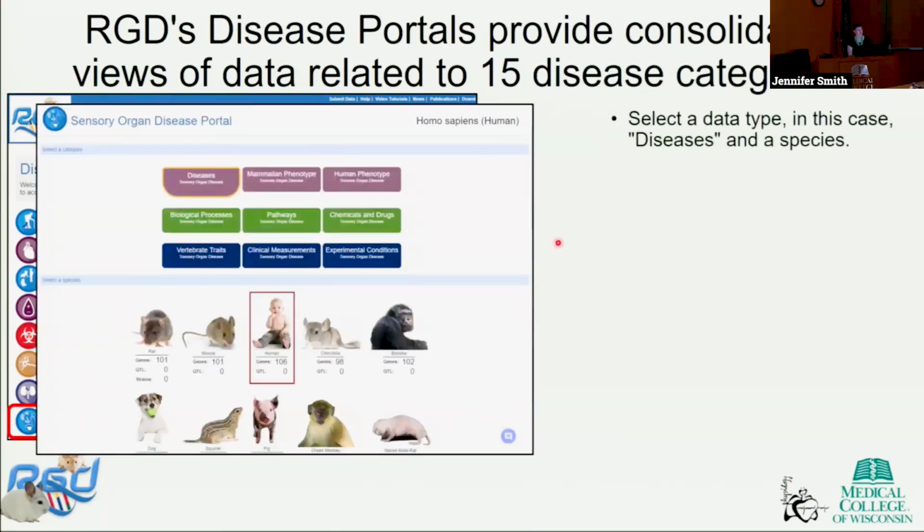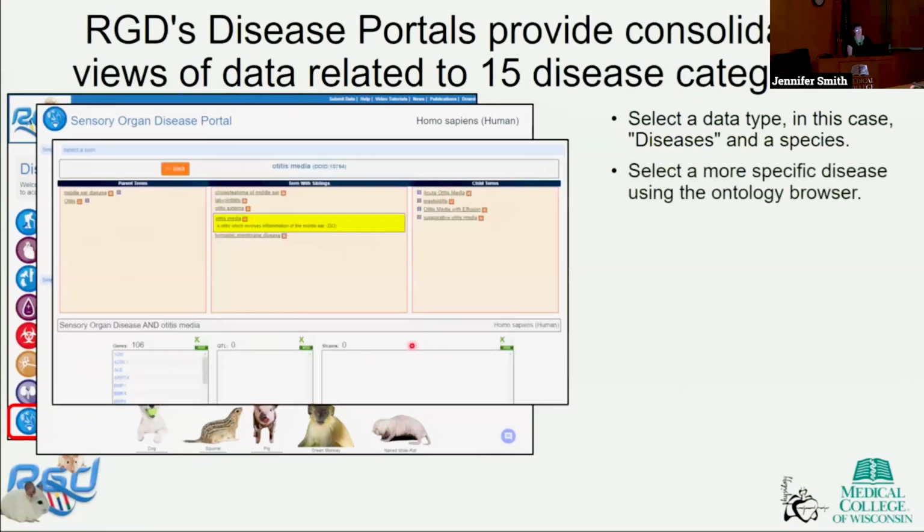When you access the portal, the first thing that you can do is select a data type. Here, disease is the one that is selected. That's the default. And you can also choose a species, and I've chosen human. Disease portals start with the most general term in the category, in this case, sensory system disease, but you can use the embedded ontology browser to browse down the tree to get more specific disease terms.